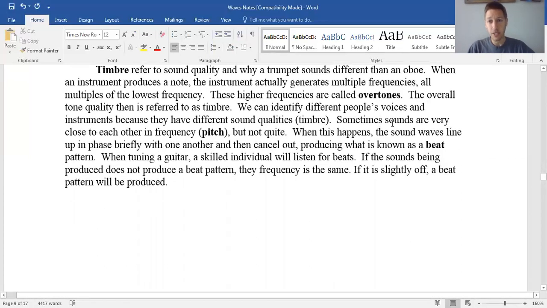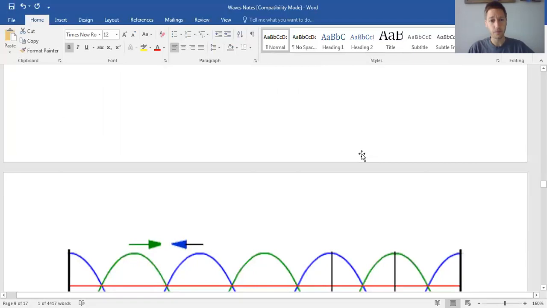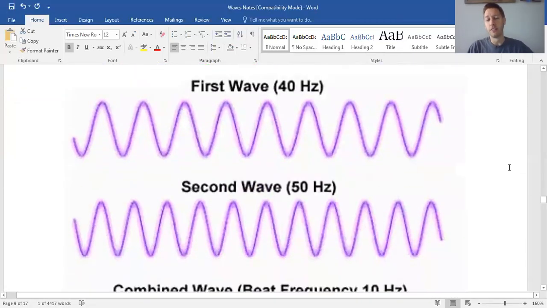Other things that can be heard are things like beats. Beats are when two sounds are almost the same pitch, but not quite. And so you hear this irritating beat pattern as you listen because it's not quite right. If you tune a guitar manually, as you try to tune it, you're listening to see, do I hear a really irritating beat pattern? Here's an idea of a beat pattern.